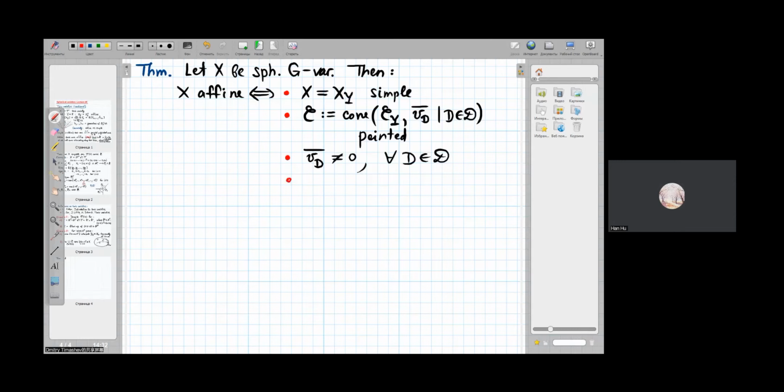The fourth condition is that the colored cone C_Y of our simple spherical variety can be recovered from this big cone C as follows. The cone C_Y is the largest face of the cone C whose relative interior intersects the evaluation cone.